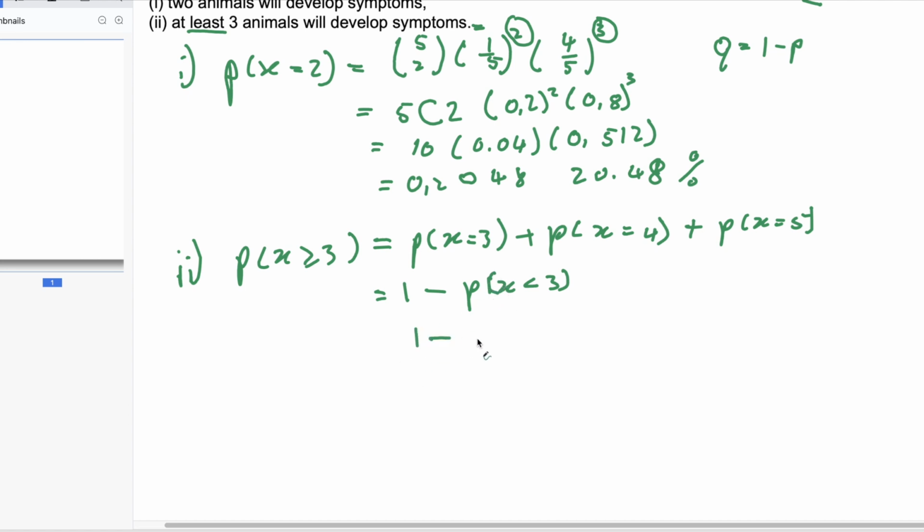So now you can also rewrite this as 1 minus P of x less than 3, right? Which is 1 minus, open bracket, P of x equals 0, so that's the first one, plus P of x equals 1, plus P of x equals 2.